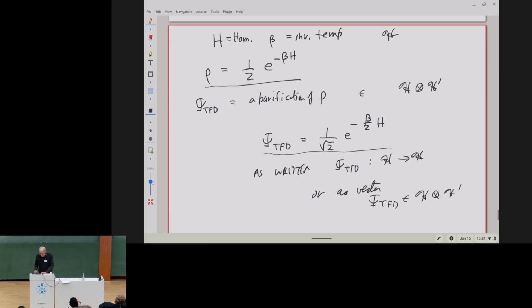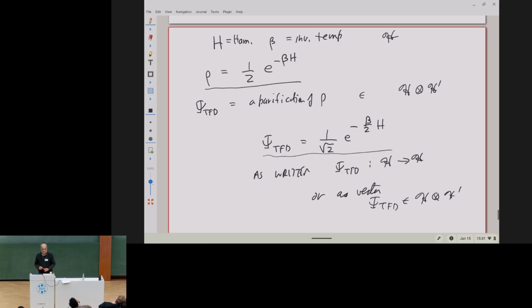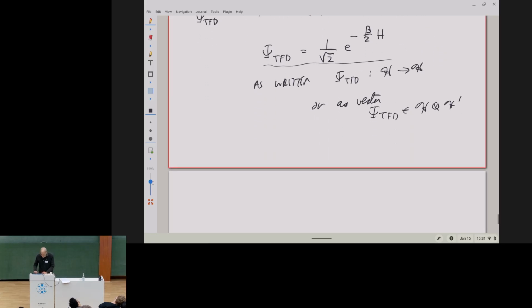And if we do, it's actually a purification of rho. People usually like to write this more explicitly.